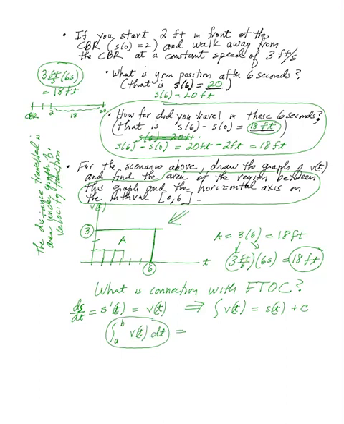But what is the total distance traveled? Look back up here. What's the total distance traveled? It's S of 6 minus S of 0 in our problem, but in general, S of b minus S of a. Okay? Now, let's compare these two things.